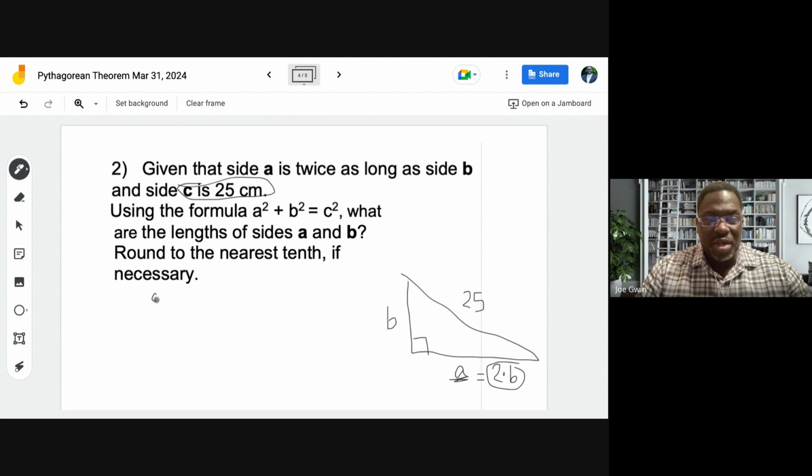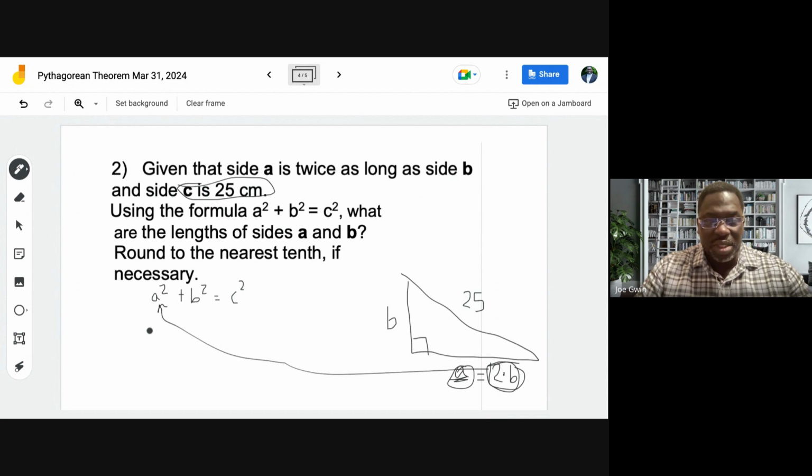We have A squared plus B squared equals C squared. Now remember we said A is twice as big as B, so A is going to equal 2B. In the place of A, I'm going to put 2B.